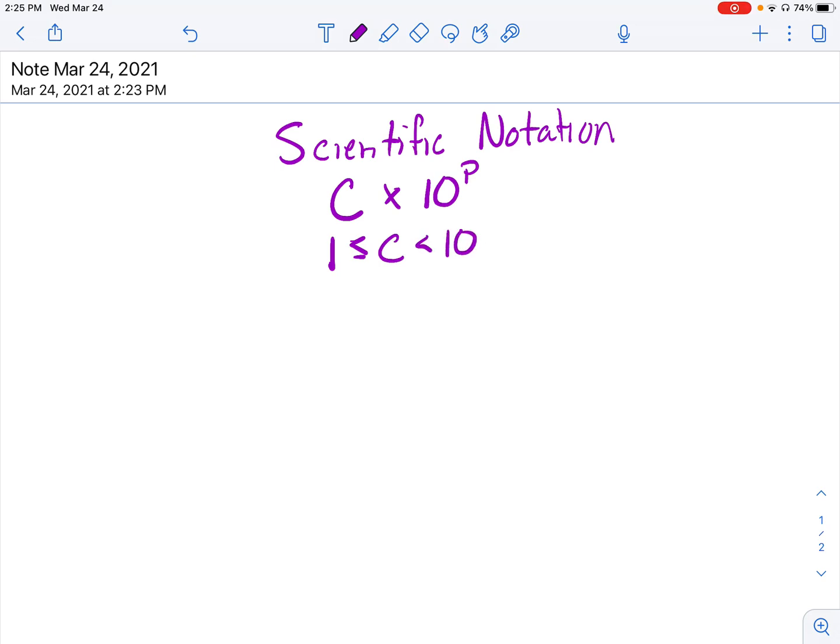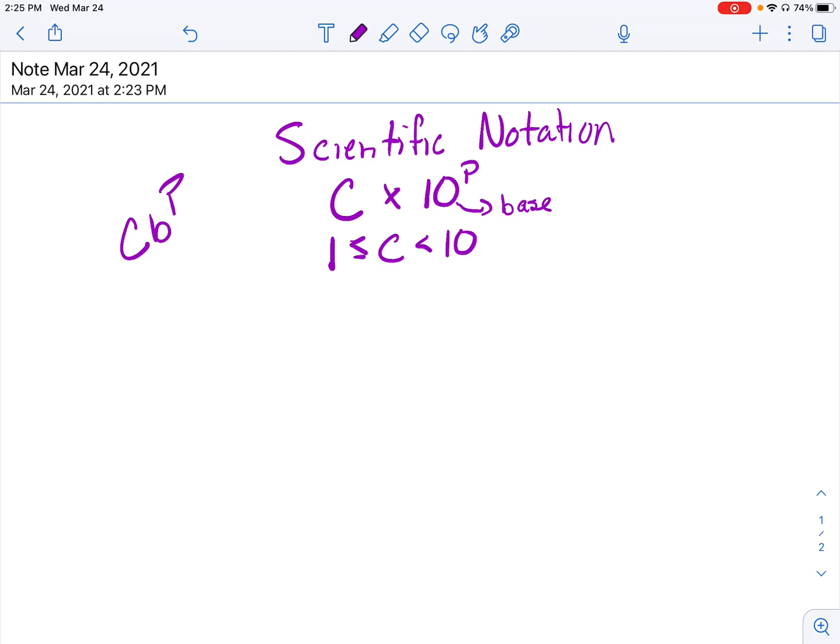So it can be 1, but it can't be 10. And this goes back to our notes on powers, where we said that we had c b to the p. So c was the coefficient, b was the base, and p was the power. And in this case, really 10 is the base.